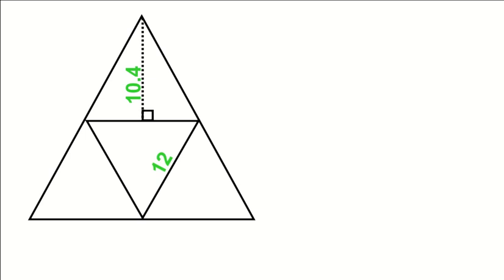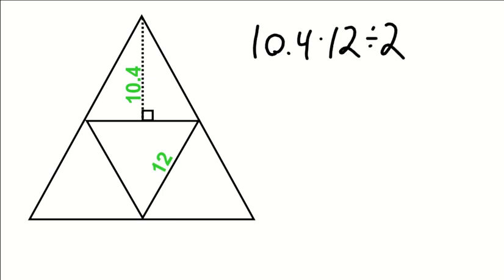What that means is all the sides will be equal, all the triangles will be equal. Makes it a lot easier. So how do you find the area of a triangle? Base times height divided by 2. So we got 10.4 times 12 divided by 2.